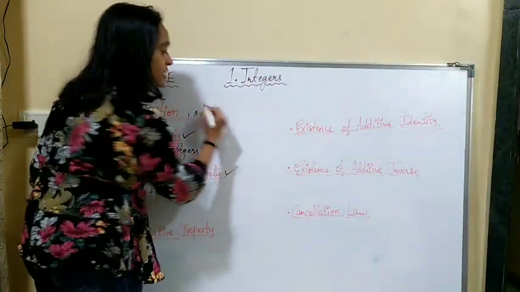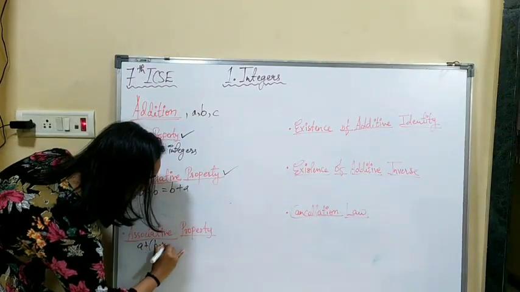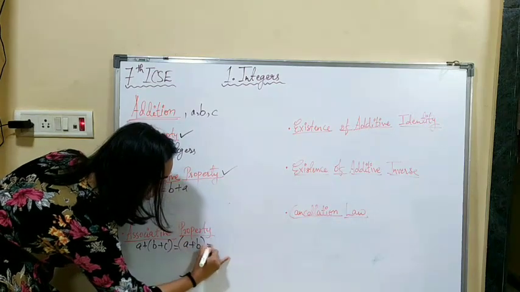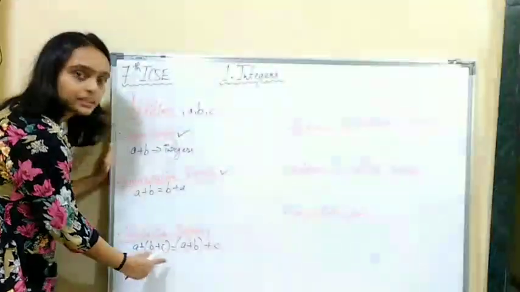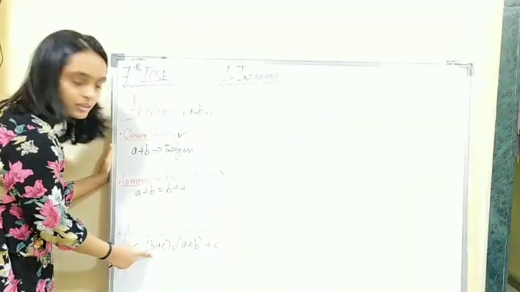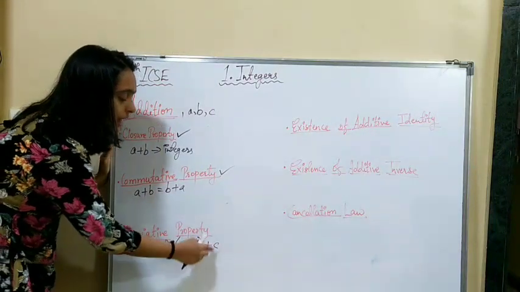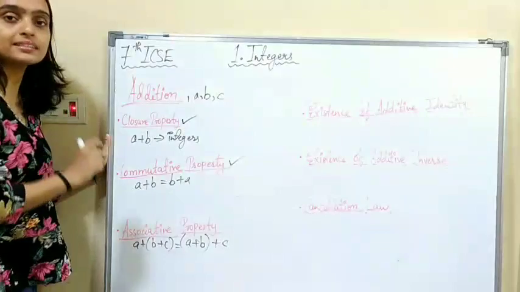If we have any three integers, then we can say (a plus b) plus c equals a plus (b plus c). That is, if you add b plus c and then you add a to it, it is equal to adding a plus b first and then adding c to it. Order of adding any three integers is same.